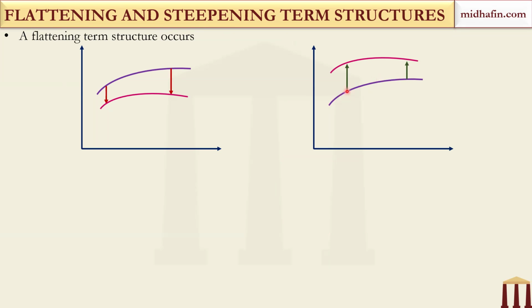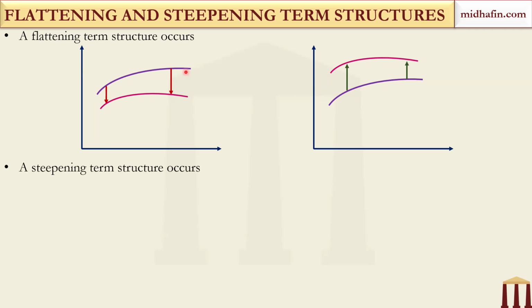Now short-term rates and long-term rates both went up, but short-term rates went up by more than the long-term rates. If short-term rates go up by 15 basis points and long-term rates go up by only, let's say, 7 or 8 basis points, then also you will see that the steepness decreases. But here the interest rate is actually shifting upwards. So either way you can have the flattening of the term structure.